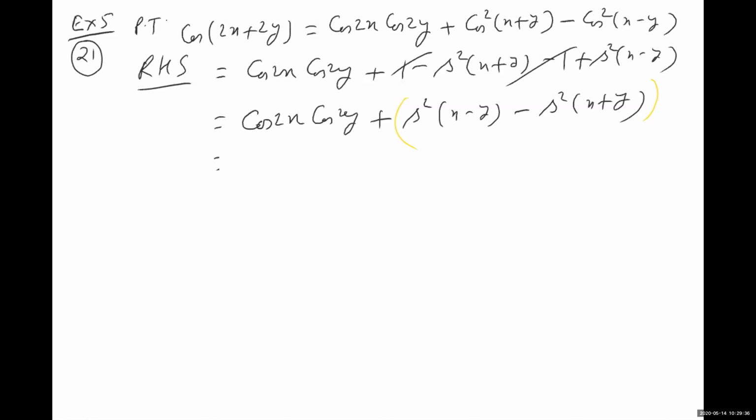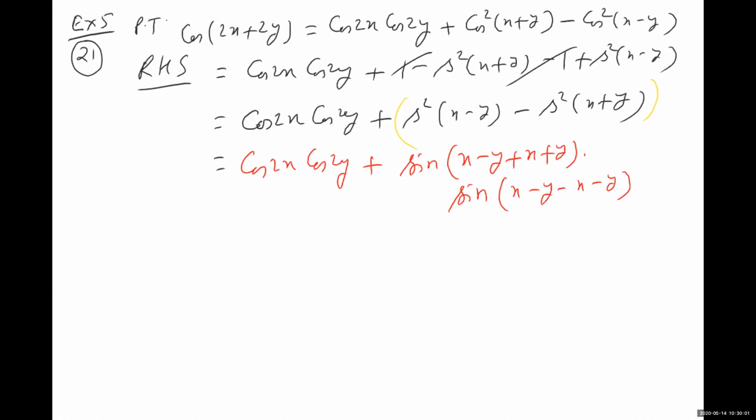So this is equal to cos 2x cos 2y plus sin a plus b into sin a minus b, that is x minus y plus x plus y.